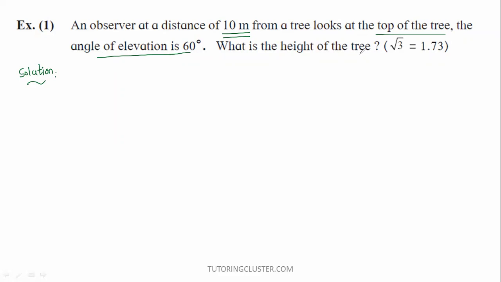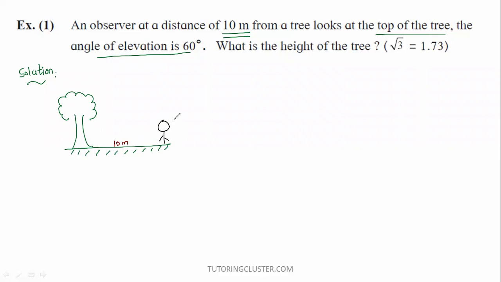So there is an observer standing at a distance of 10 meters from the tree. For example, suppose there is a tree here. This is your ground. Now let's say there is one observer here, right? The observer at a distance of 10 meter from a tree. So this distance is 10 meter.